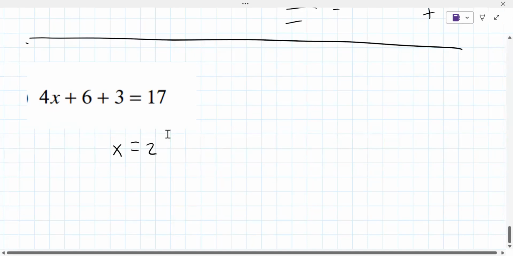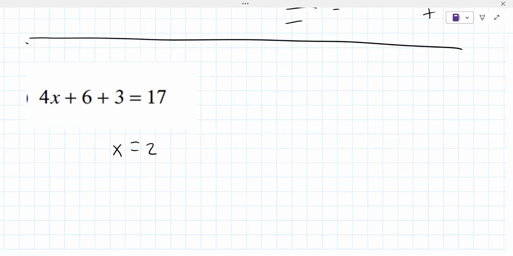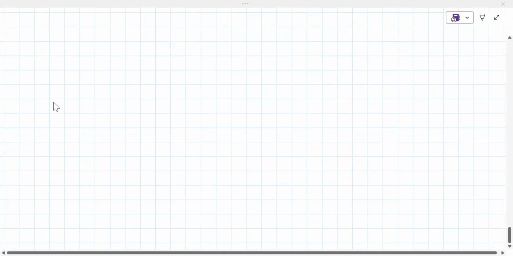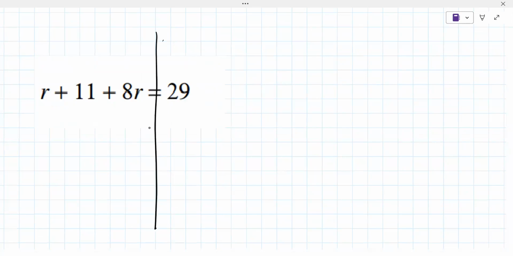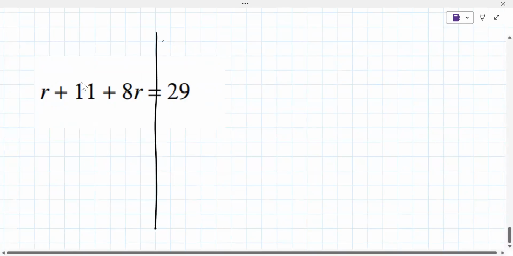Good. Now here's another problem. Sometimes the variables are not next to each other. They're still on the same side of the equation. So you have r plus 11 plus 8r.